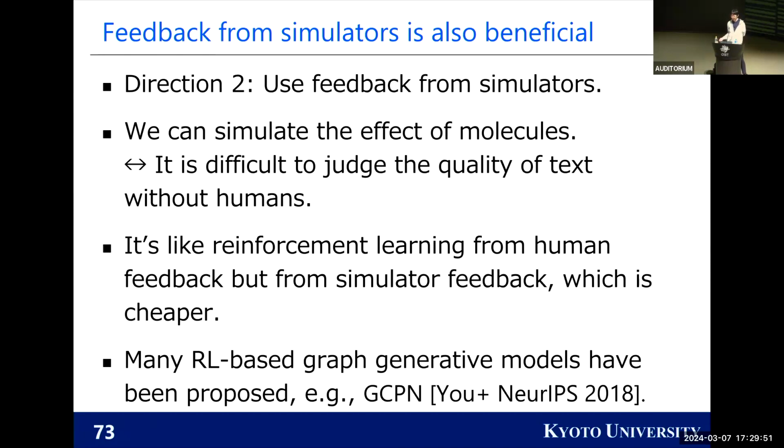Compared to hiring humans, using simulators is cheaper, so it may boost the performance of molecular generative models better than just using label data. Actually, many reinforcement learning based graph generation models have been proposed in the literature. It is promising in some domains, but as I said before, the success is still limited.